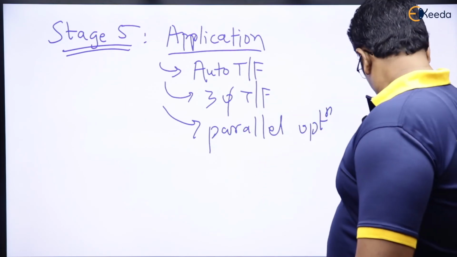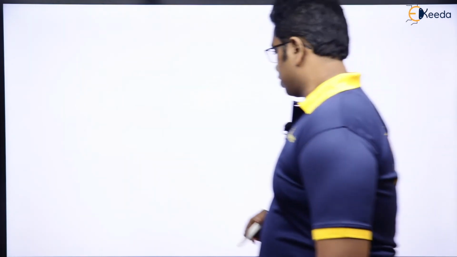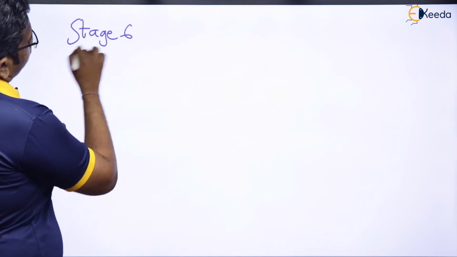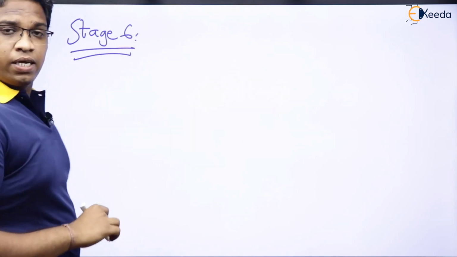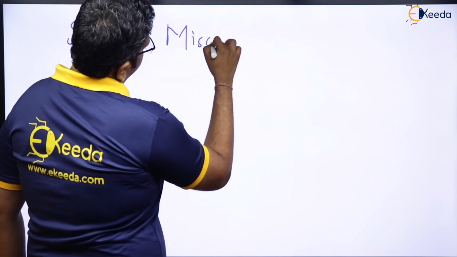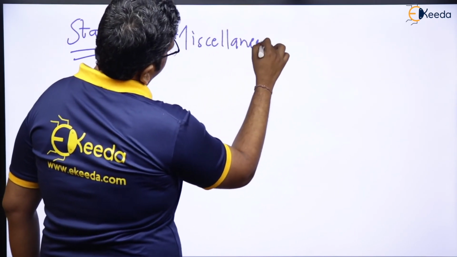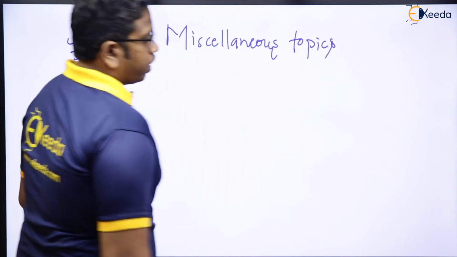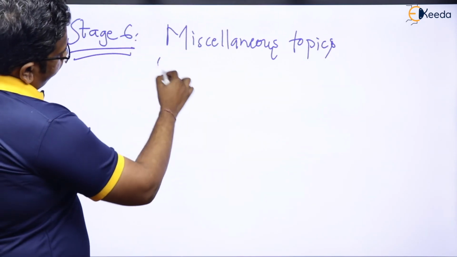After this stage 5, we are going to discuss stage 6. And in stage 6, we will be discussing miscellaneous topics. Here, what are we going to study? Very simple.